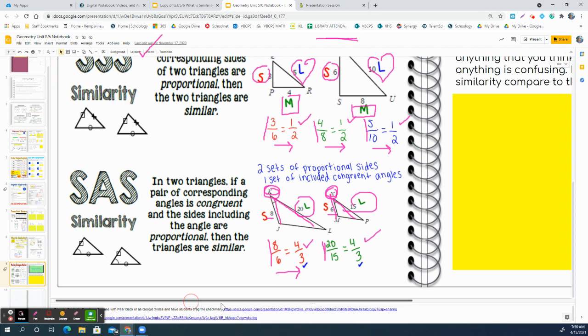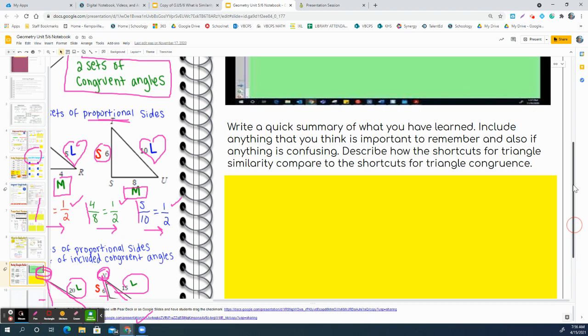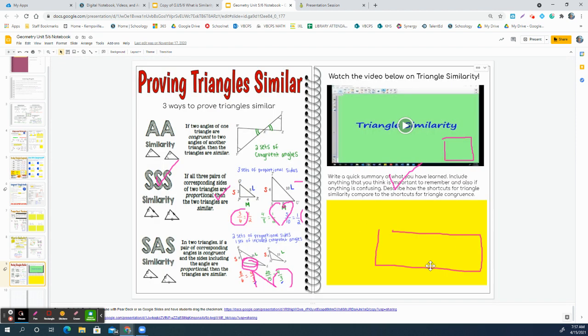I just gave you a whole bunch of information. What I want you to do is over here on the right side, write a quick little summary about what you've learned. Include anything that you think is important to remember and also anything that is confusing. Describe how the shortcuts for triangle similarity compare to the triangle shortcuts for triangle congruence. So what are the 3 ways for triangle similarity and what are the 3 ways for triangle congruence? Put that in this box right here.